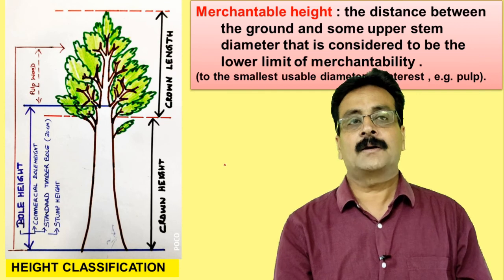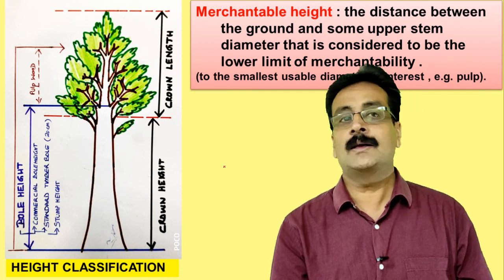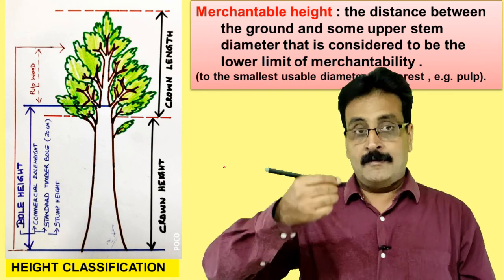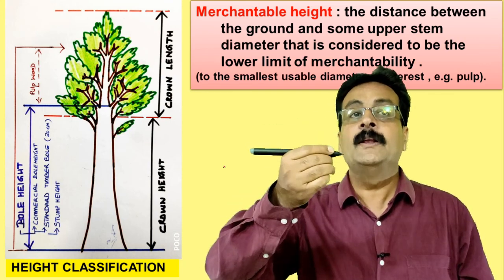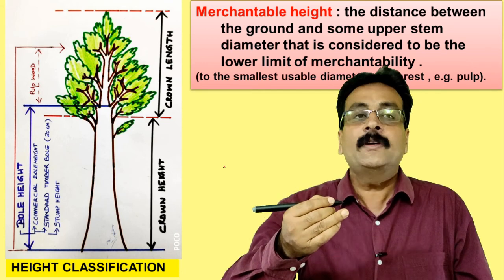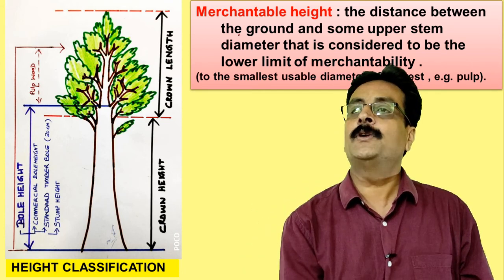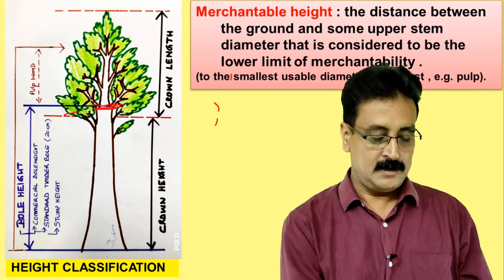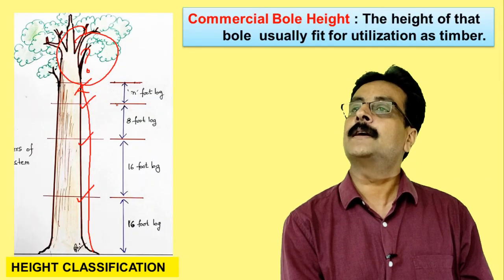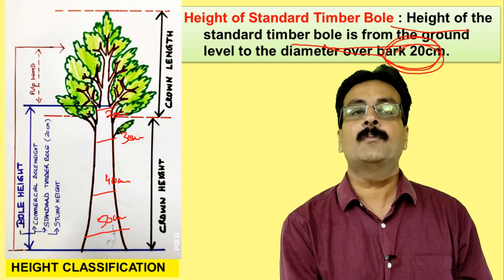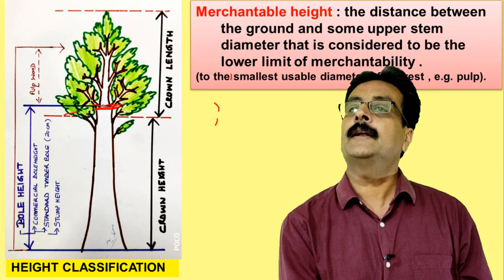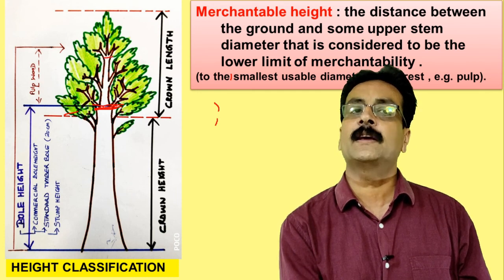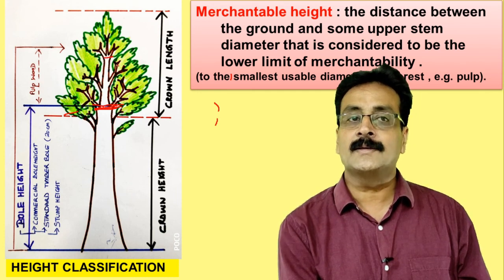Now one more term comes: merchantable height. The merchant means a timber merchant, so merchantable is where we can harvest more than what we can feel; it is a diameter of interest. Up to 20 centimeter we say this is a standard timber bole. But I feel that even if we go above 20 centimeter by 10 centimeter, this can still be utilized.